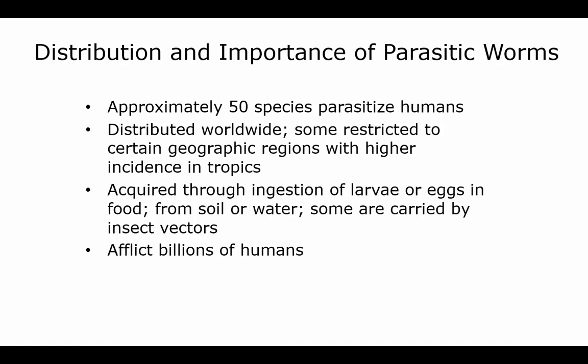A lot of them are found in the tropics because it's such a nice, warm, humid environment for these. The way you get infected with these is because you ingest the larva or the eggs from the soil or water or from food, and then sometimes insects are vectors, and if those insects bite you, you end up with this parasitic worm. They affect billions of humans each year.